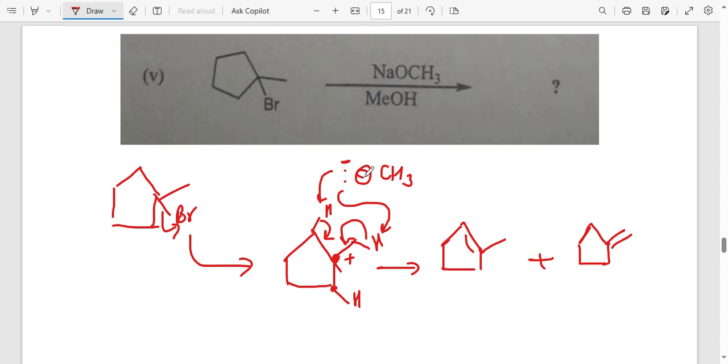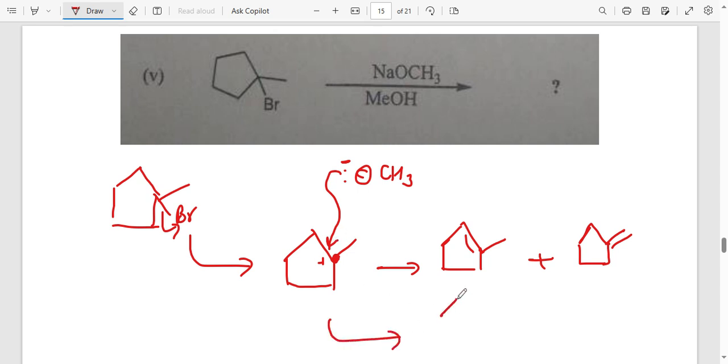My product can also form by SN1. By SN1, we'll simply go and attach where the positive charge is. We can either attack from the front or from the back.